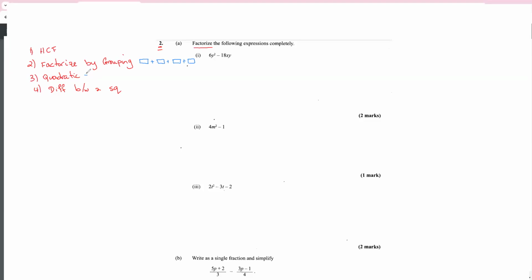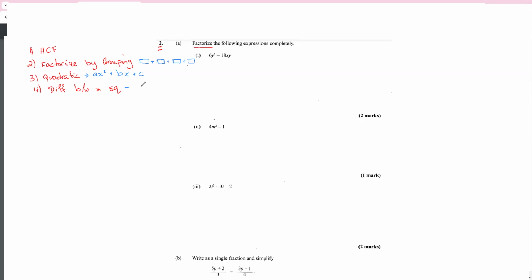If you have an expression in the form of ax squared plus bx plus c, a, b, and c are any number, and x could be any letter.